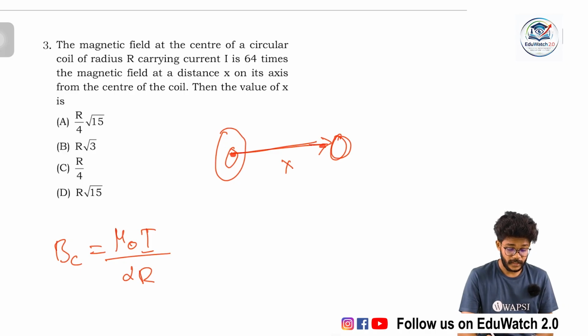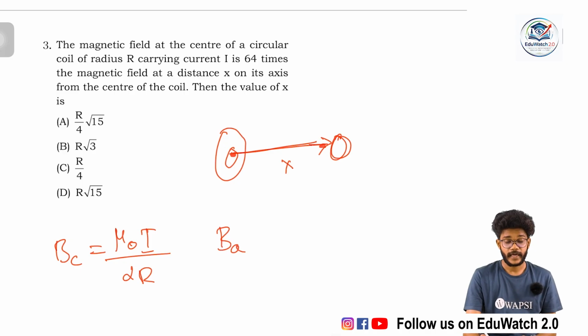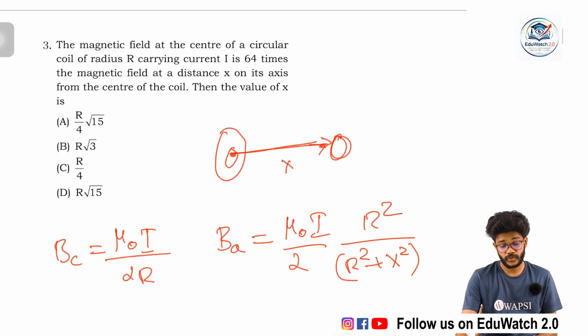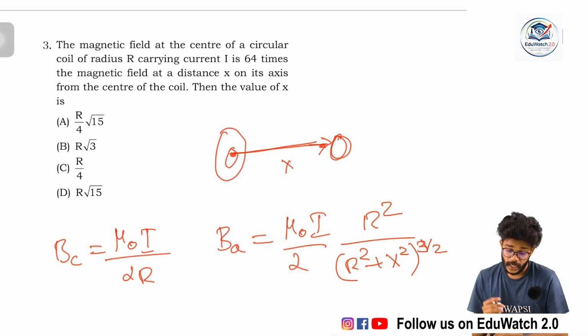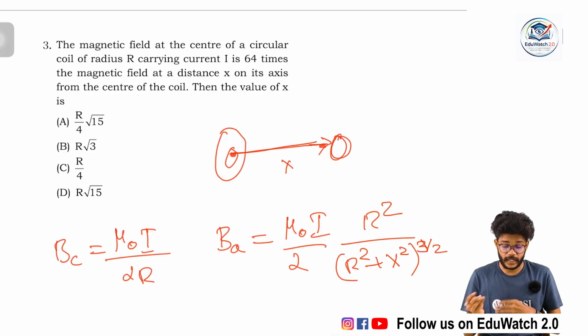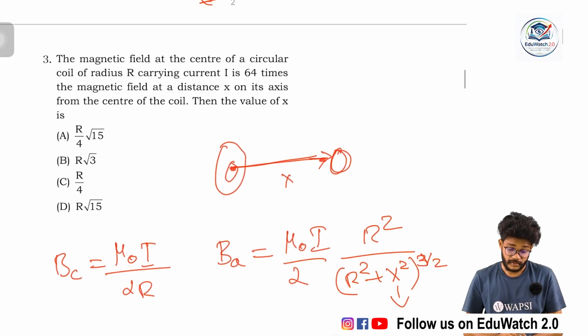And the equation for the magnetic field on the axis at distance x is mu 0 I by 2 into r square divided by r square plus x square all raised to 3 by 2. If x is equal to 0, r square all raised to 3 by 2 is r cube, and r square by r cube is 1 by r. So we get the same equation when we substitute x as 0.